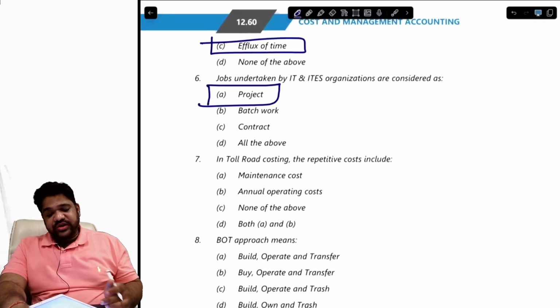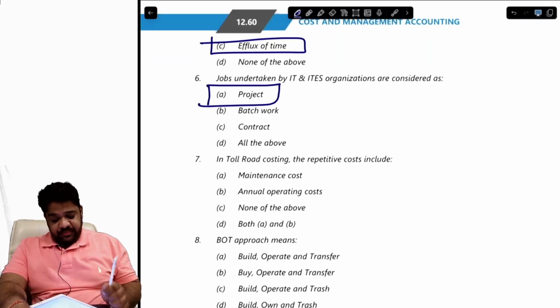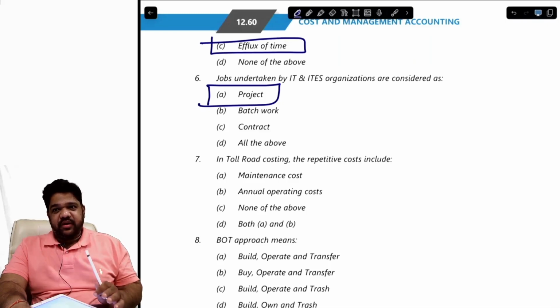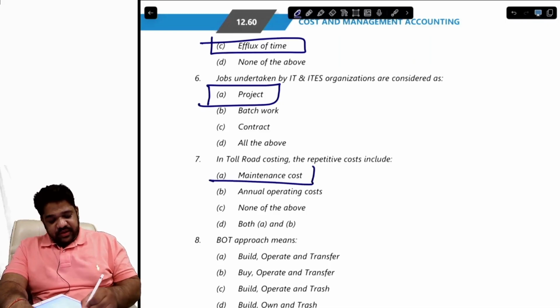In toll road costing, the repetitive cost includes maintenance, annual operating cost. See, this is how stupid the options can get. They're saying repetitive cost. How can an annual operating cost be a repetitive one? It is an annual cost, so it happens once a time. It's not repetitive. None of the above, both the above. So we'll go with maintenance cost.